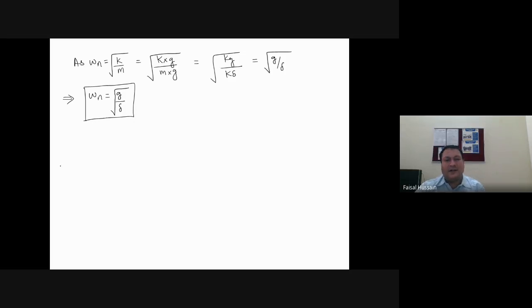Similarly, what is time period? Time period means one cycle of motion completed in an angle 2 pi. This is your time period. So time period will be 2 pi by omega n, which will be equal to 2 pi by under root k by m, which is equal to 2 pi under root m by k.